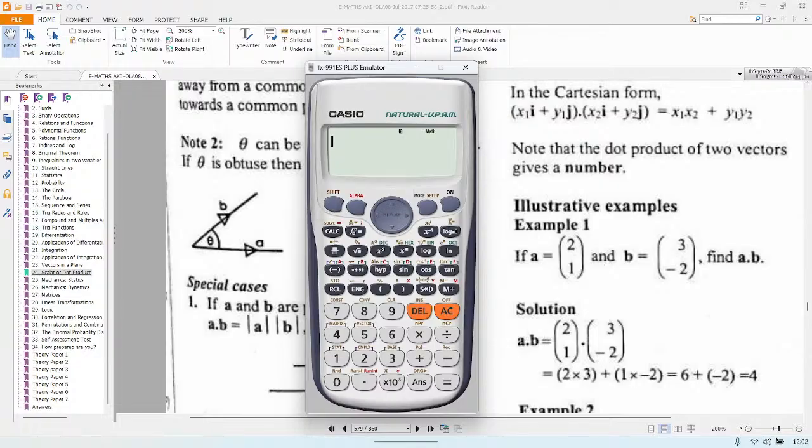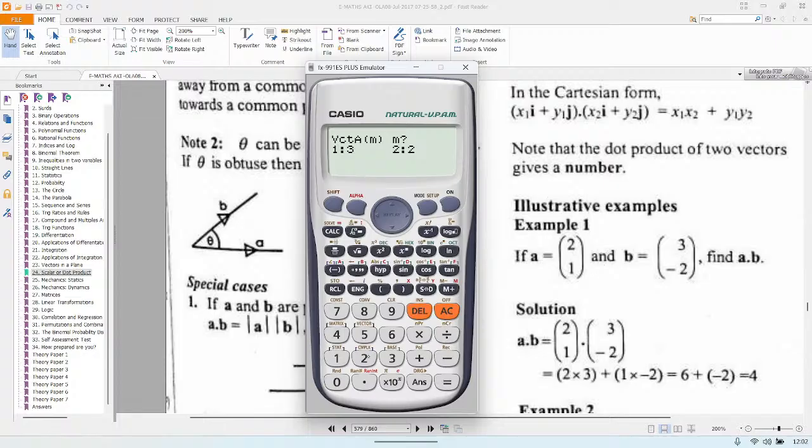Okay, let me continue. So now you press mode. Select 8 for vector. Then select 1 for vector. Now you have 3 and 2. The 3 is for three-dimensional vectors, which is higher level mathematics when you're going to university.